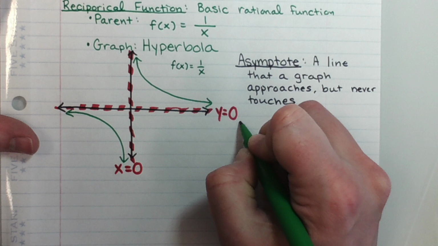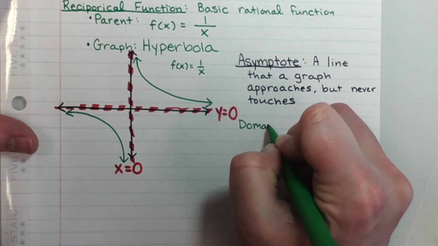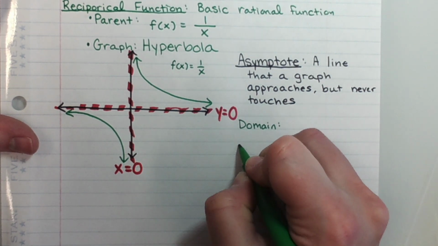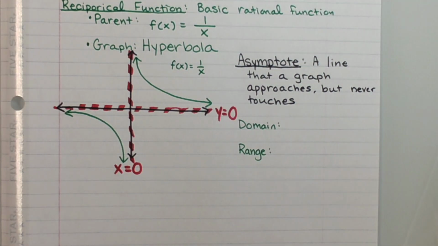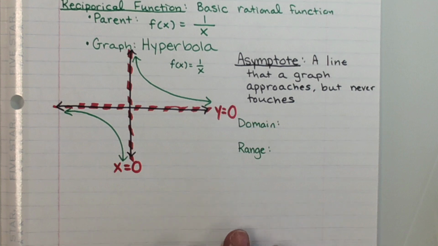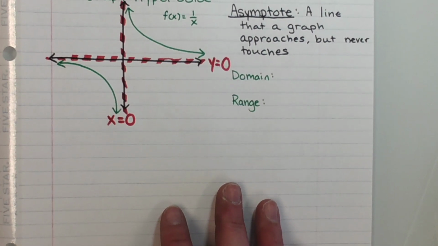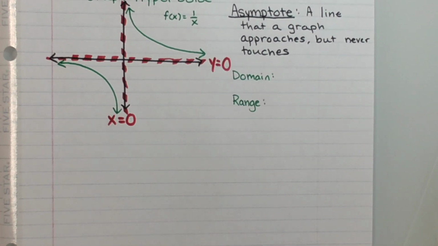Those asymptotes tell us about the function's domain and range. Domain is what you can put into a function. It's the x's that can go into the function. If I look at the x's on this graph, my graph is going to go all the way to the left, it's going to go all the way to the right, and it's going to hit every number in between except it has to jump over the asymptote.